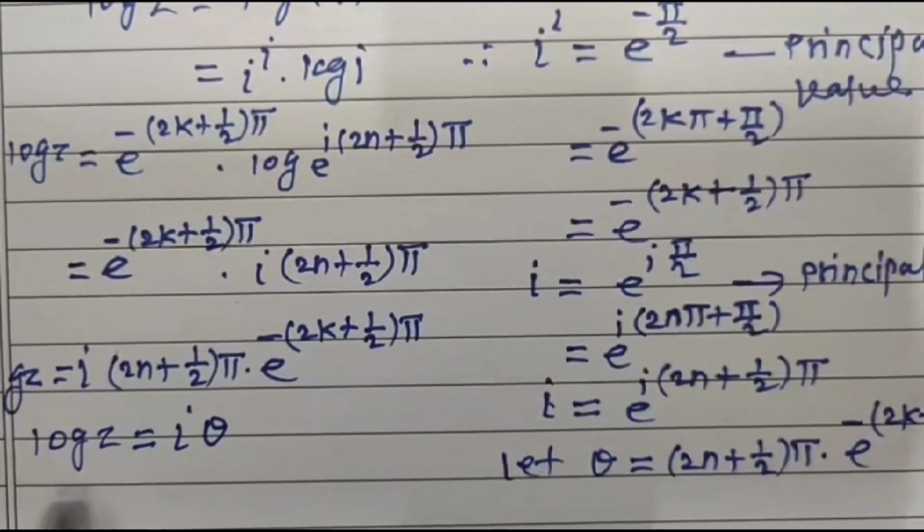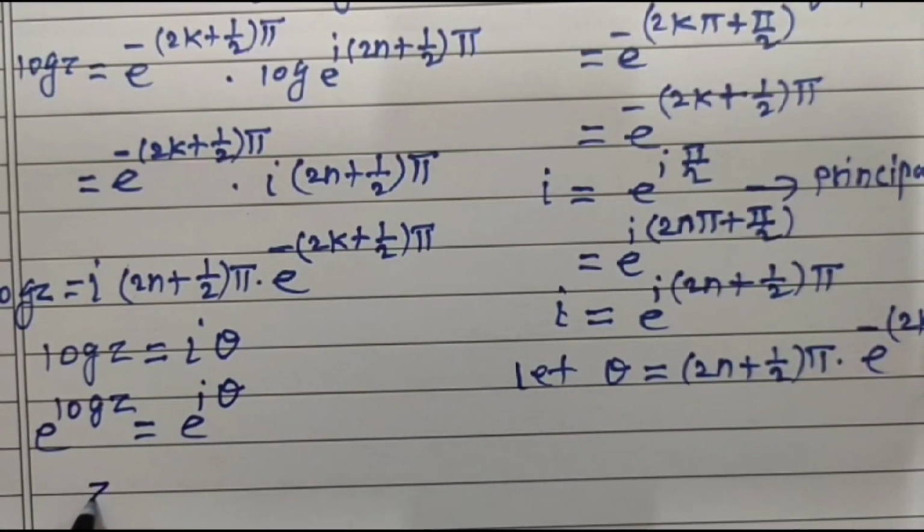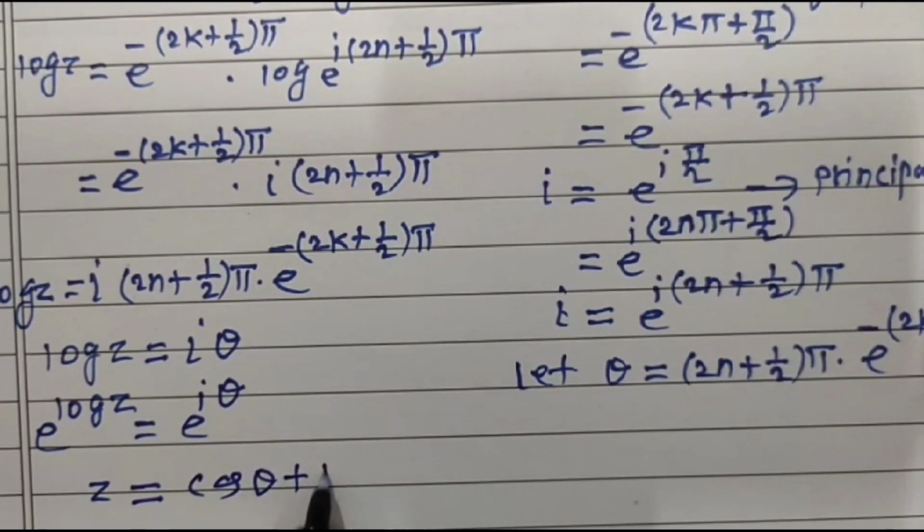Taking exponential on both sides, e to the power log z is equal to e to the power i theta. But e to the power log z, that is nothing but z, is equal to e to the power i theta, which can be written as cos theta plus i sin theta.